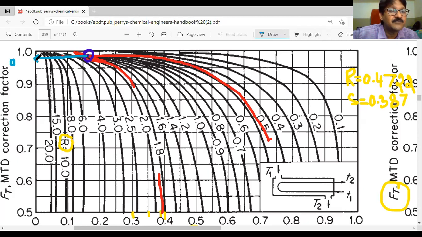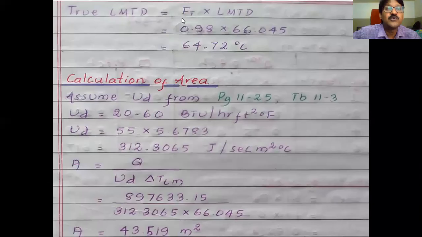This is the value of FT. That's it. Done. This is the method of referring to FT. True LMTD is FT times LMTD.